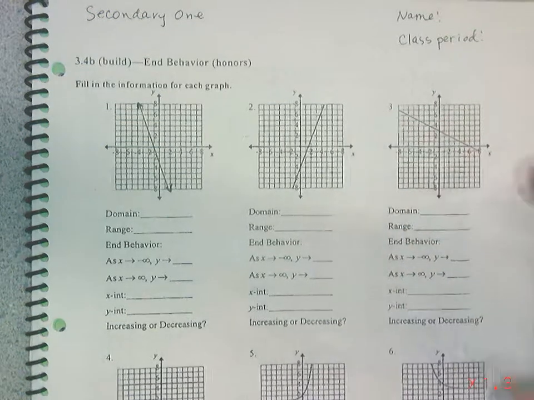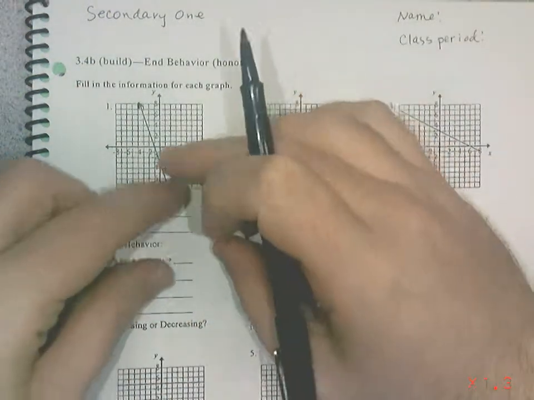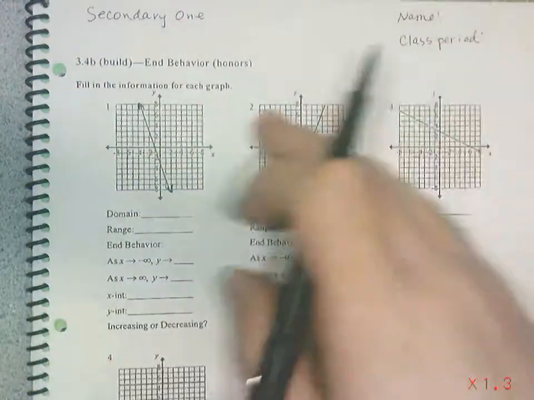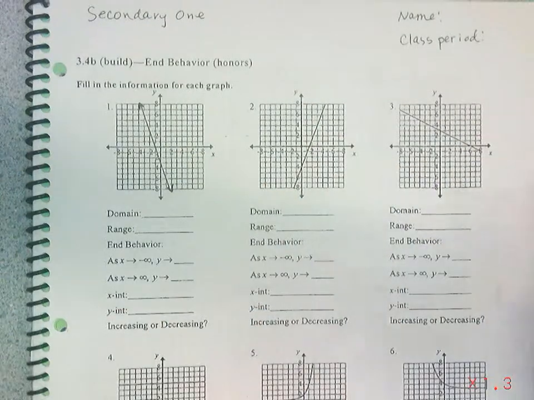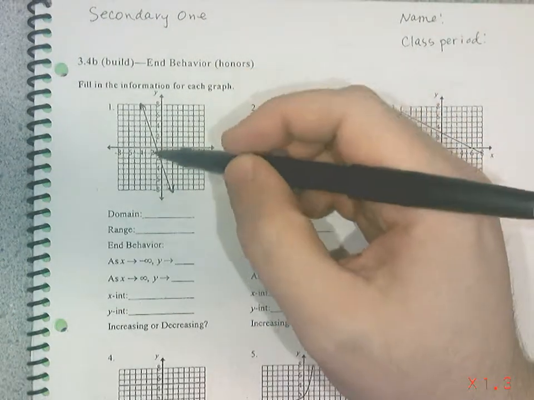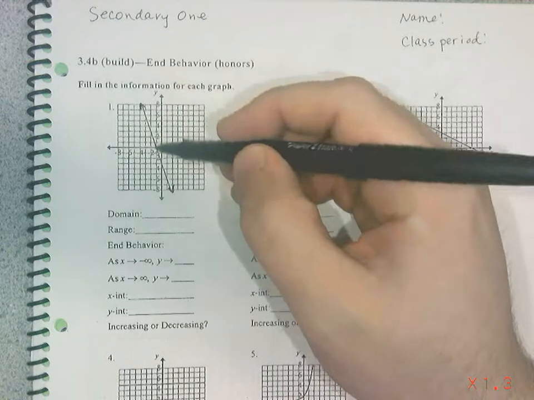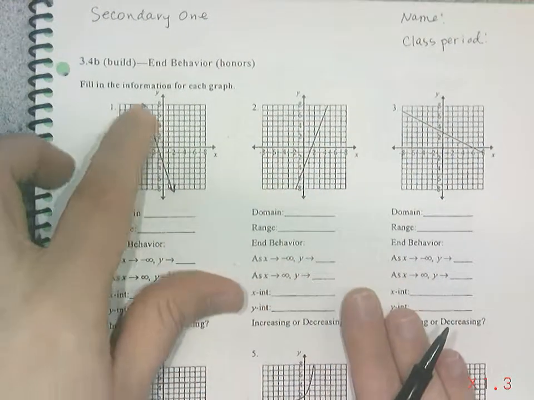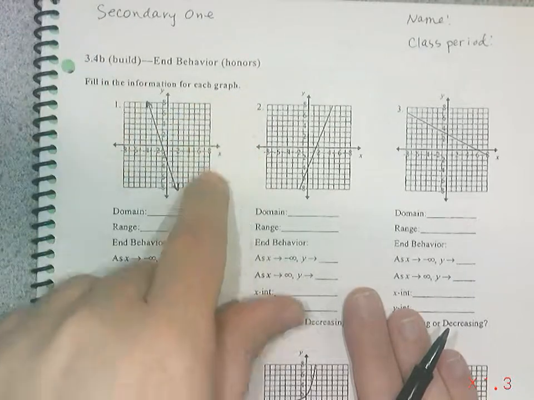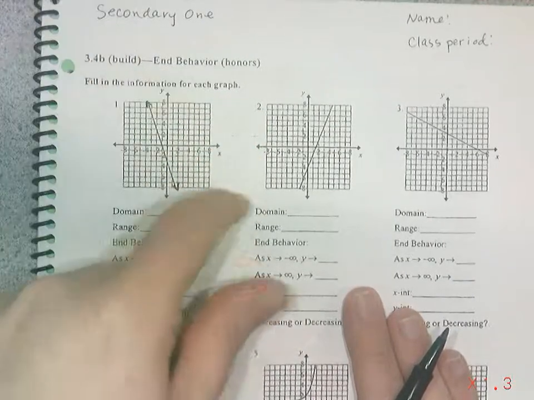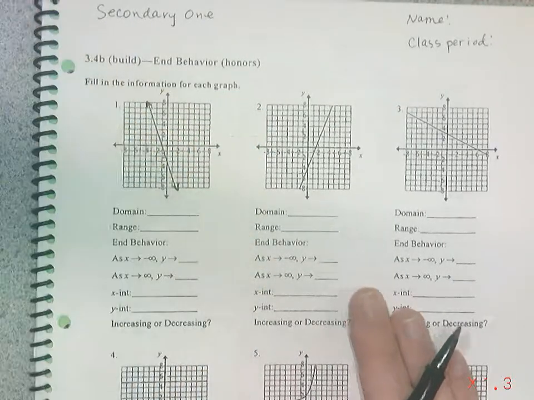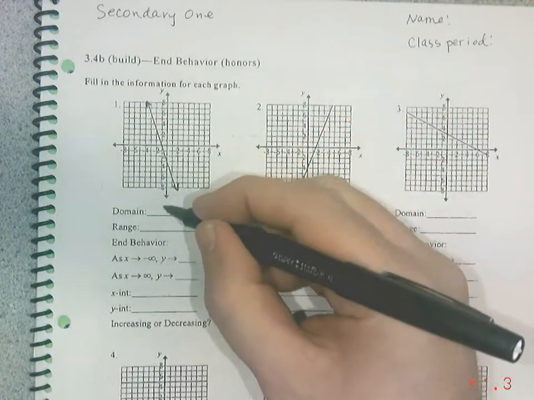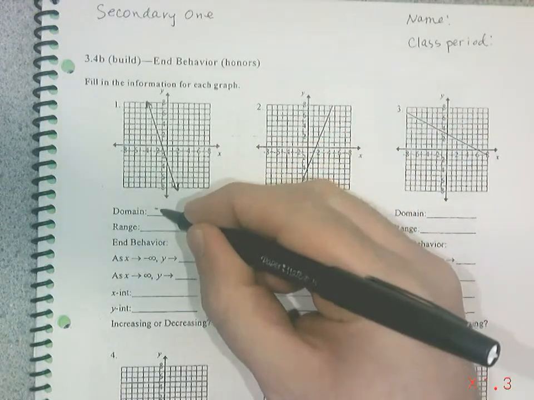Domain is everything that's happening with your x values, right? So it's just what's happening from left to right. As you notice, this line's going up and to the left forever and down and to the right forever. So that means if we keep going to the left forever, the least x value would be negative infinity.